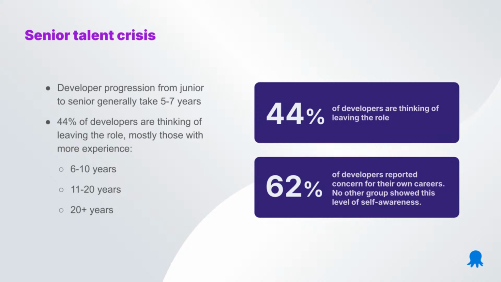Moving on from there is a prediction of the fact that we have reduced junior developer hiring in the industry, leading to a potential senior talent crisis. Developer progression from junior to senior generally takes 5 to 7 years, and this can't be skipped. It needs that direct experience to develop the critical problem solving and foundational skills to become experts.